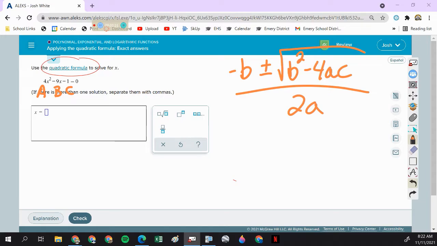So the instructions say, do the opposite of b. So negative 9 turns into 9, plus or minus the square root. And then you have to be careful with your b squared. If you type in negative 9 squared in your calculator, you're going to get 81, or negative 81. But what is negative 9 times itself? Positive 81.